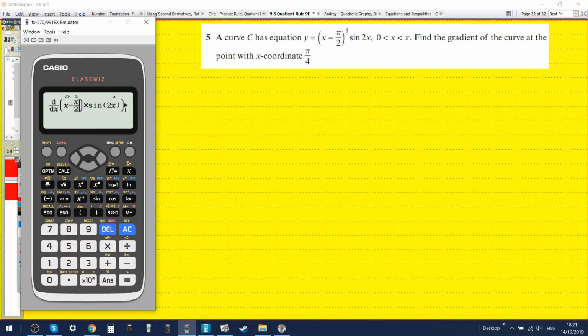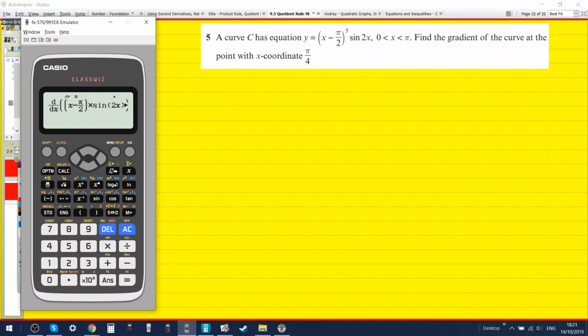Syntax error. Is it the bracket? It is the bracket. Okay. Oh no. That's my mistake that I'm making. So it was that. Yeah. There we go. To the power of 5. Okay. Hang on.